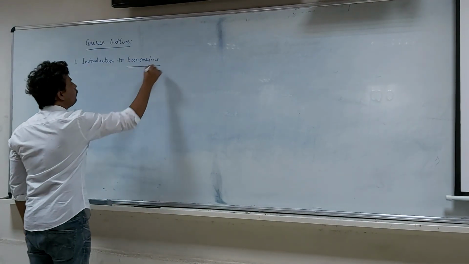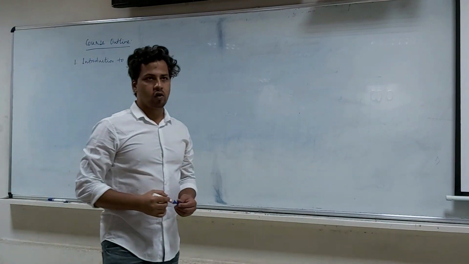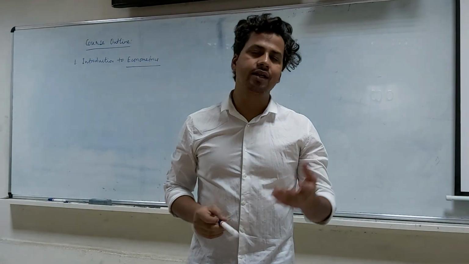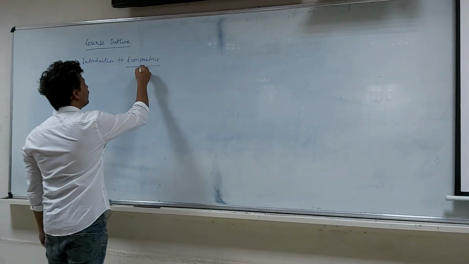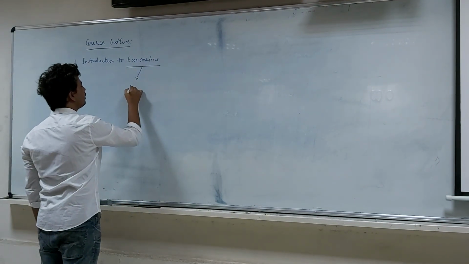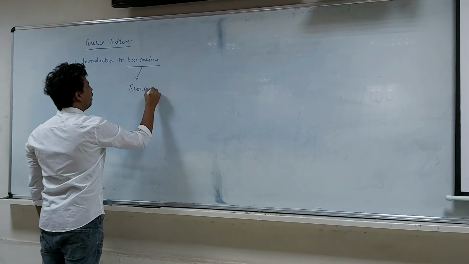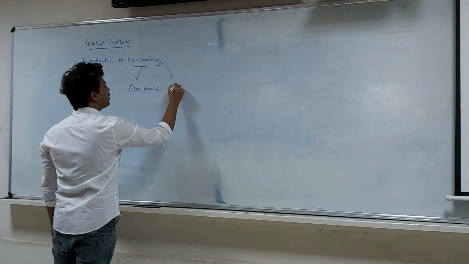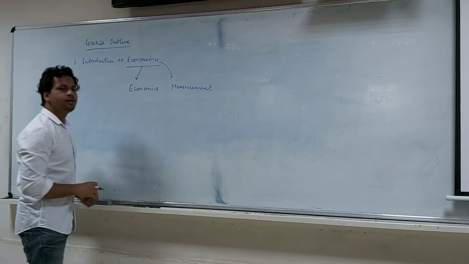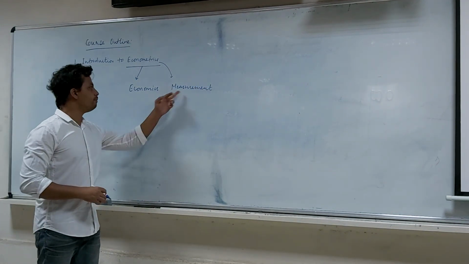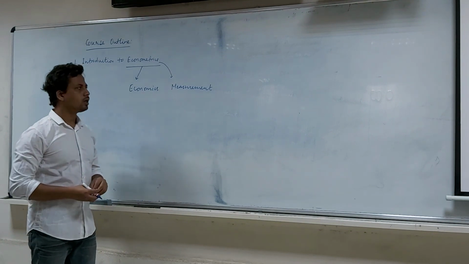So, what do we exactly understand by econometrics? In the literal sense, if I break this into words, metron means measurement. So you can say literally econometrics stands for measurement in economics, right?